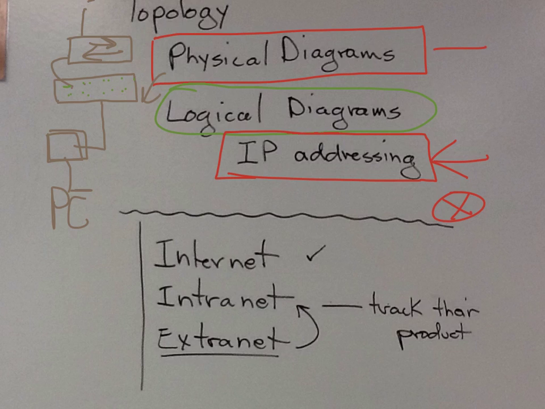Physical diagram shows the actual connections and how they're actually connected. We refer to this as topology. That's a T. It's a little hard to see. That's TOPOLOGY. Topology.